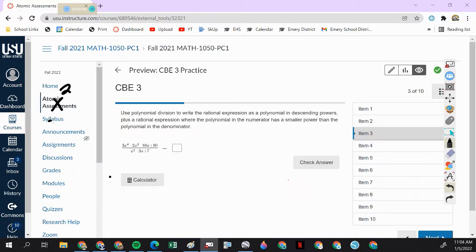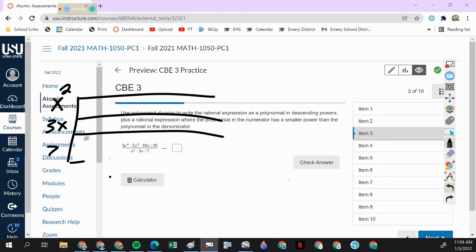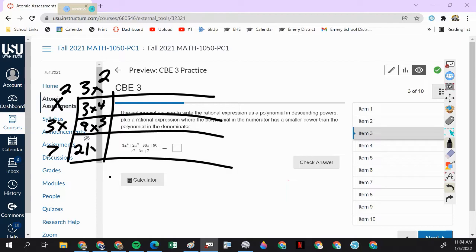So x squared, 3x, 7. Put in the 3x to the 4th. Pull out an x squared. That creates 9x to the 3rd and 21x squared. Add a column. Those two need to add up to 0.